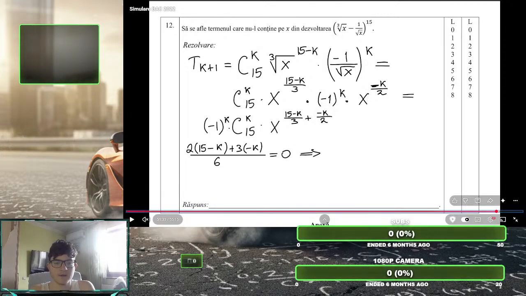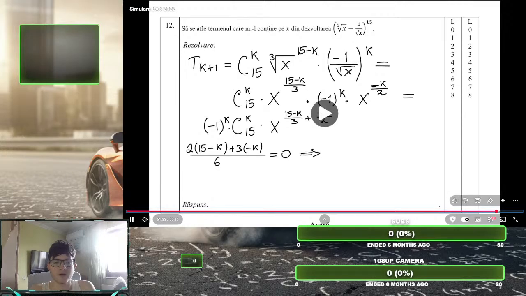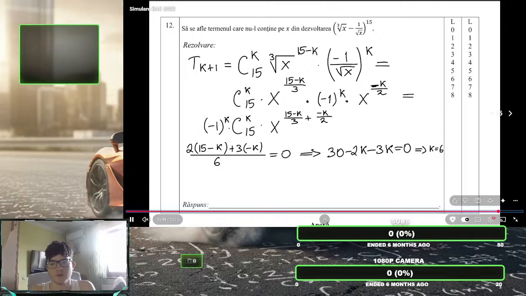That's great, because we are equating it with x to the power of 0, so we equate the powers. We have essentially the same thing, but not divided by 6, and on top it's going to be 30 minus 2k minus 3k, so 30 minus 5k equals 0. So k is going to be 6.